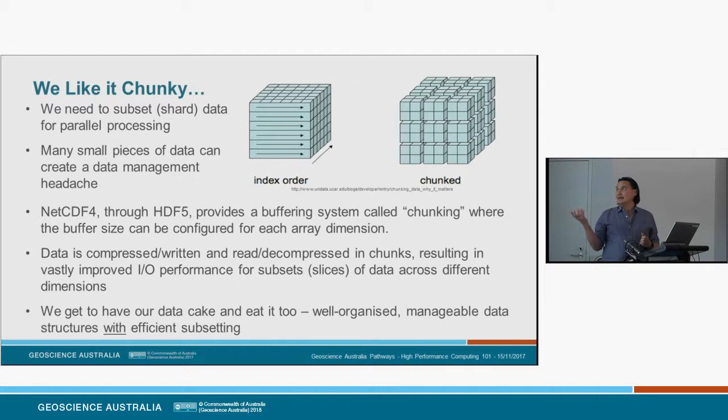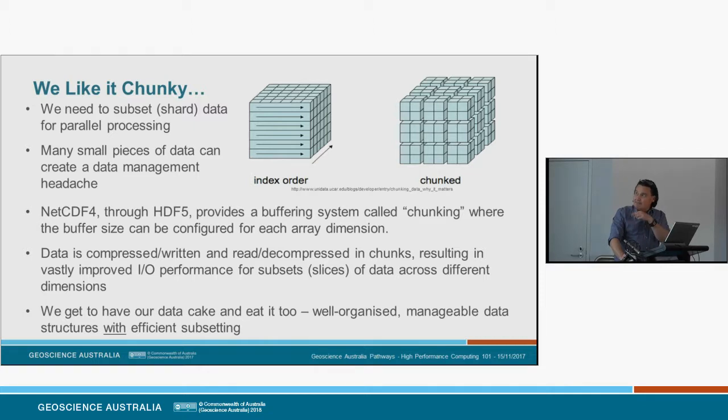By chunking the data up, the data is still very well organised, but it's held together in one storage unit. But we can access very small subsets, and you only need to read and decompress the chunks that actually contain the data you're interested in. So in many ways that allows us to have our cake and eat it too.